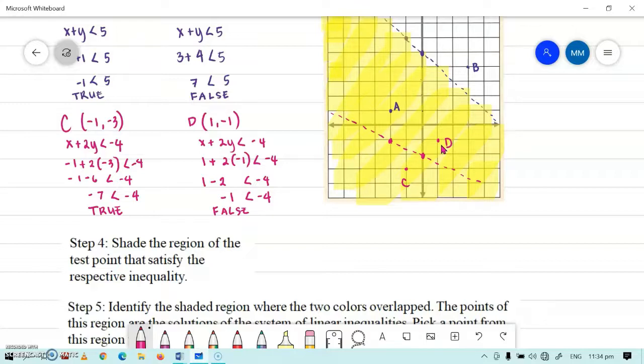So again, we will shade the side of the boundary line in which point C belongs. So shading.